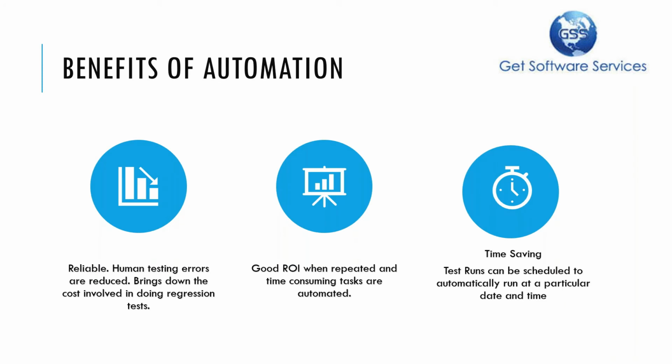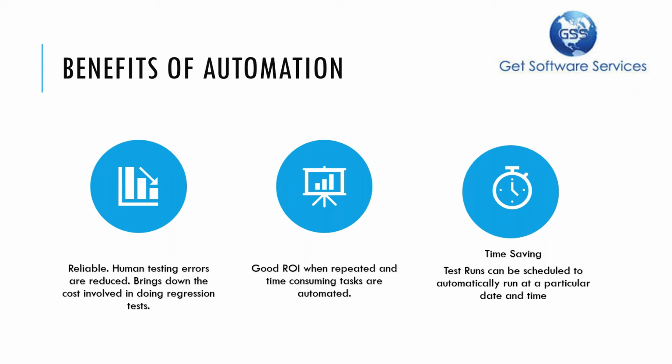This slide explains benefits of automation. So it's reliable, human testing errors are reduced, and it brings down the cost, especially when you have to automate repeated tasks. Example, regression testing. Regression testing is something that is done for every release.